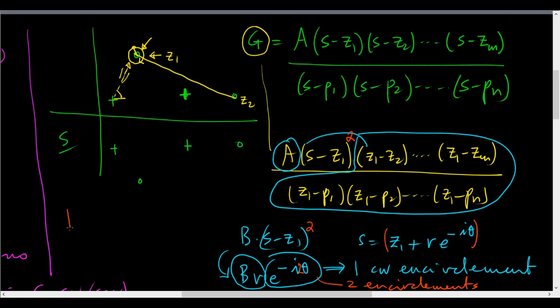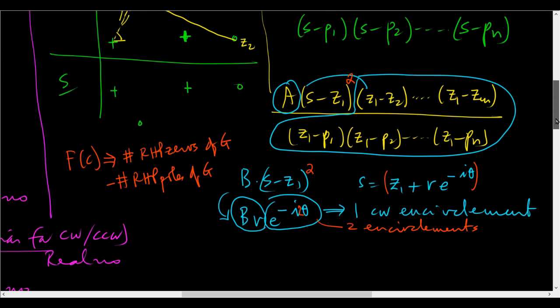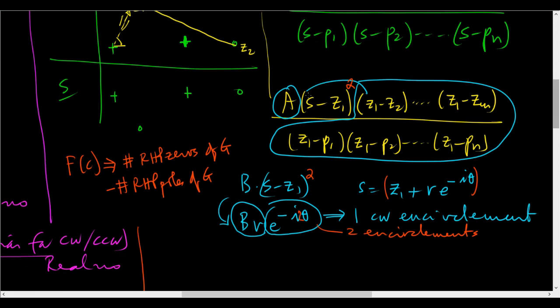Okay. Therefore, in f of C, we get the number of RHP zeros of G, and then we have to find out the contribution from the poles, and it will be minus the number of RHP poles of G, and we will see that soon enough. Now suppose this is the pole P1.